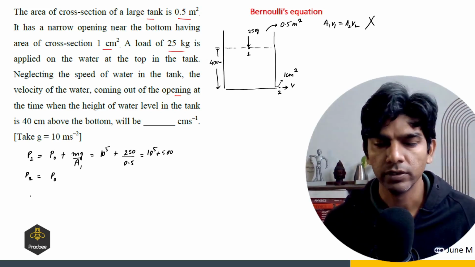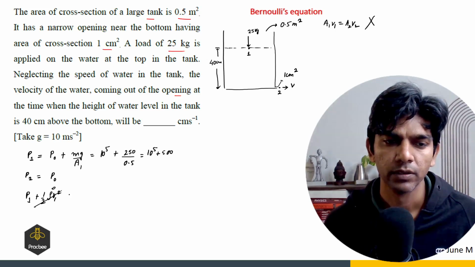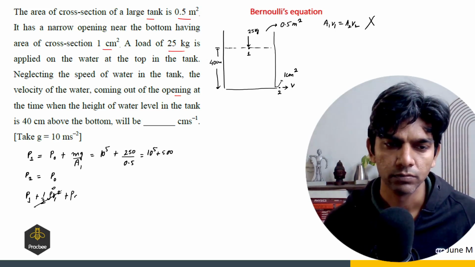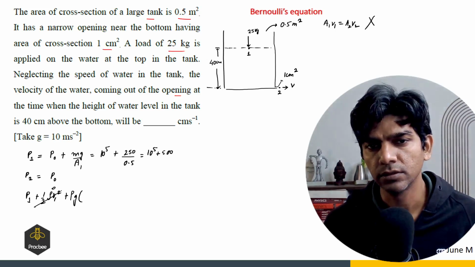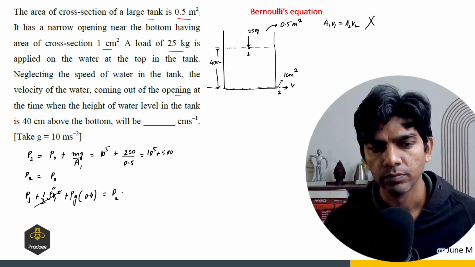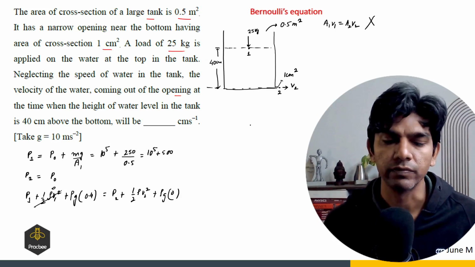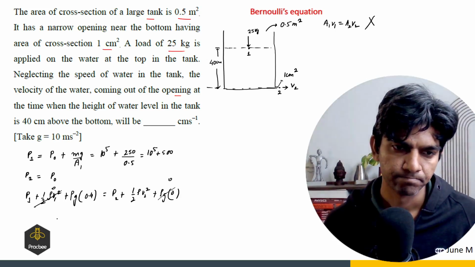Now we can apply Bernoulli's equation. So P1 plus half rho V1 square, which term will be 0, plus rho g h. So if I consider orifice as my reference level, then h1 will be 40 centimeters, so 0.4 meters, equals to P2 plus half rho V2 square, let me call this as V2, plus rho g 0, because orifice is at the reference level. So this term is 0.